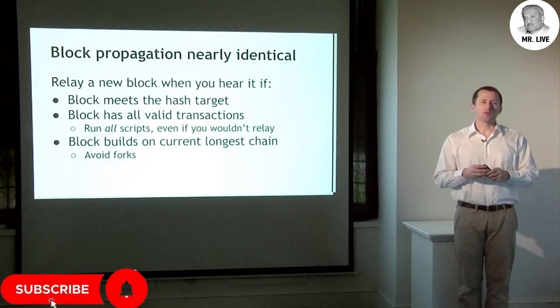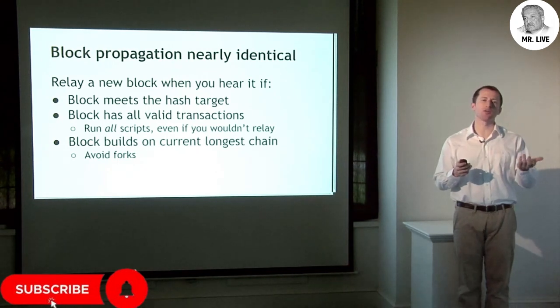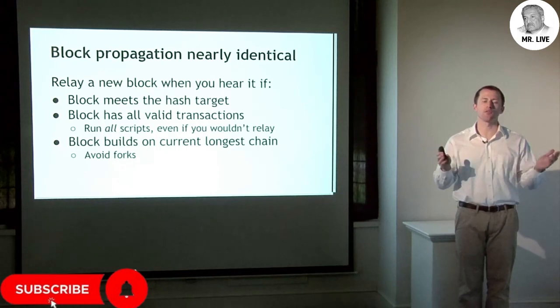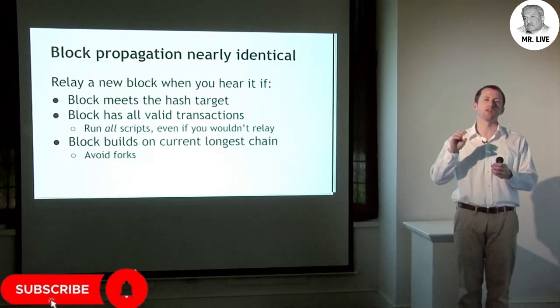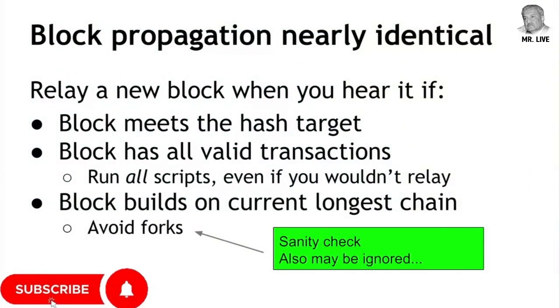And the other check, which is this really important critical part that makes Bitcoin consensus what it is, is that nodes shouldn't forward a block unless it builds on their perspective of the current longest chain. So they have a view of the blockchain, and they should only forward new blocks if they come at the very end of the chain, not at some earlier point. And this avoids forks building up.